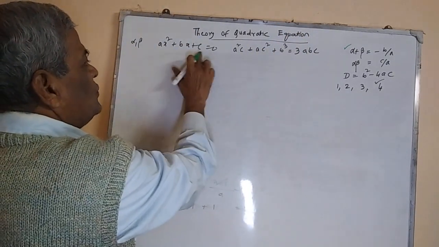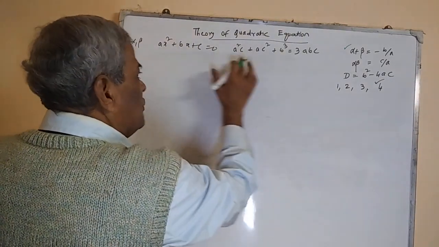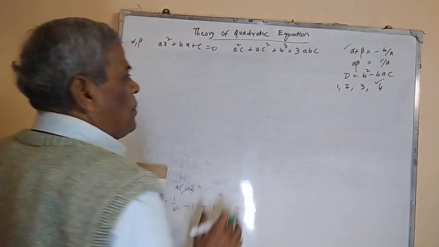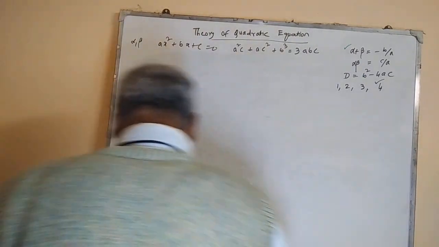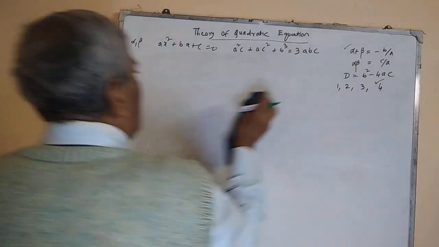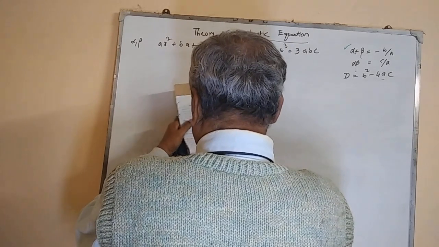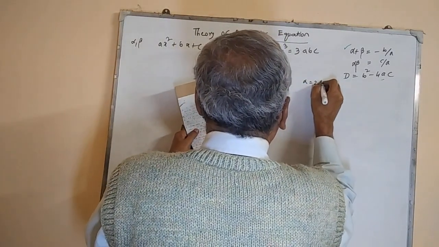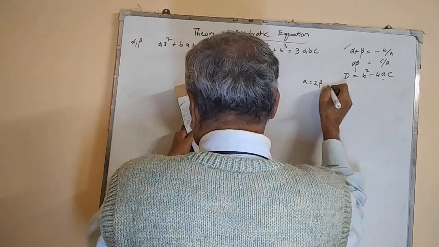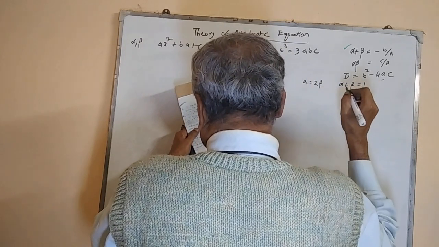Alpha, beta are roots of that, and this is the relation between the coefficients. Then which one is correct? Four options are given. First option is alpha is equal to 2 beta. Second option is alpha plus beta is equal to 1.